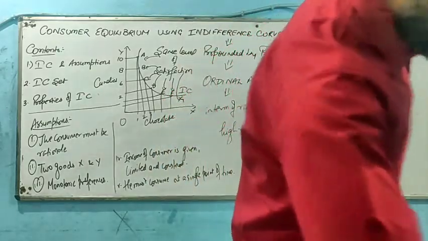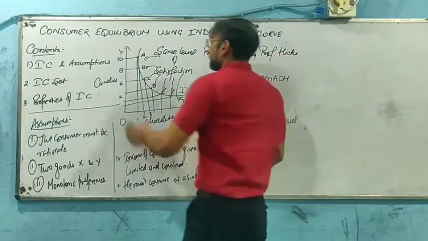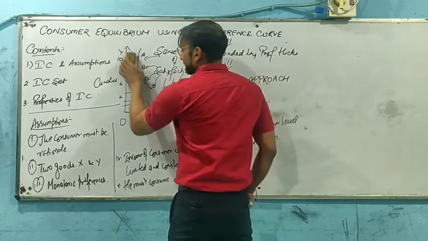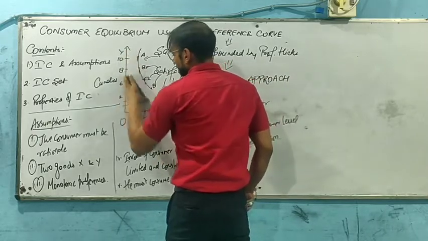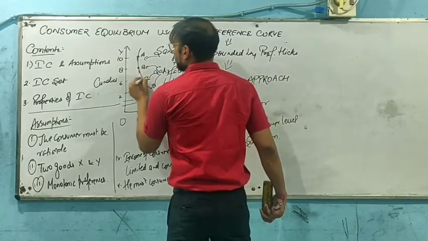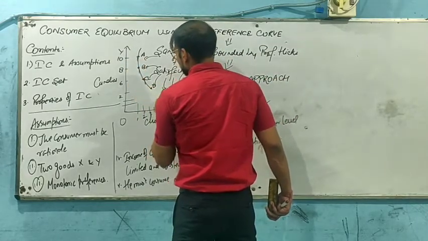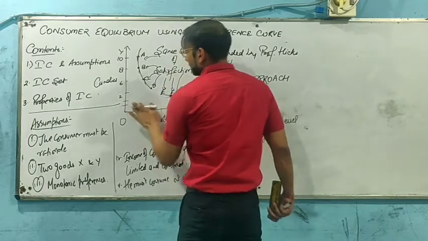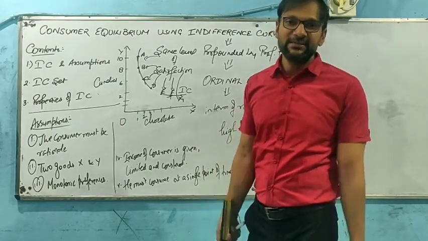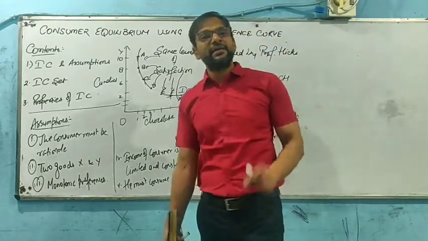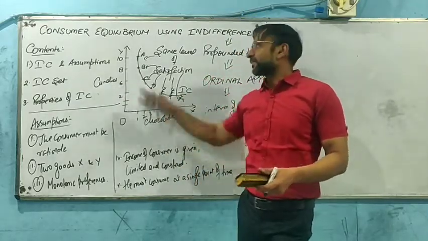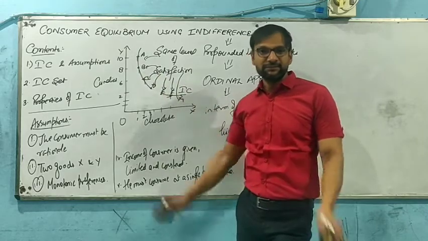So again we say, the indifference curve is basically the diagrammatic representation that shows the consumption of two goods at various possible levels, offering a consumer the same level of satisfaction. Same level of satisfaction means indifference. It means the consumer must be indifferent toward the consumption of both the commodities at different possible levels.